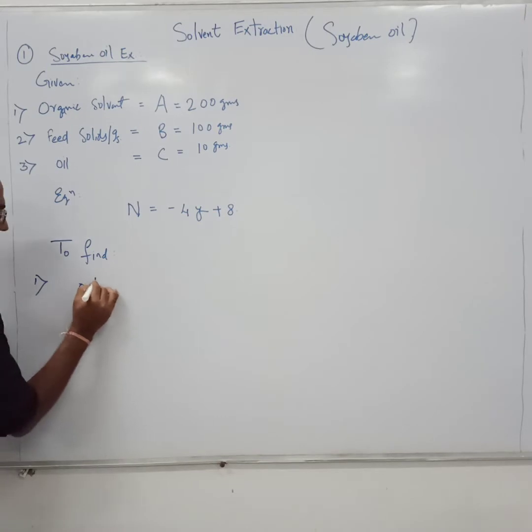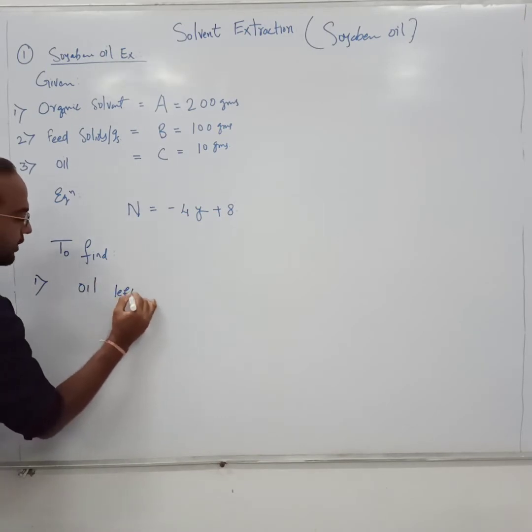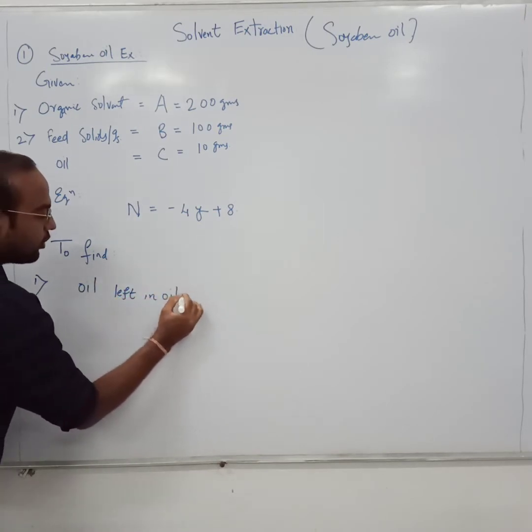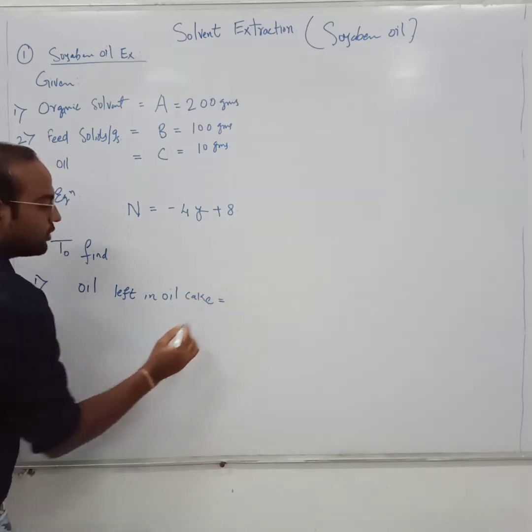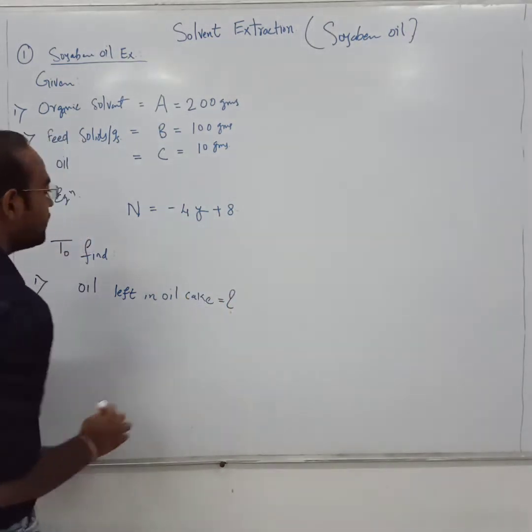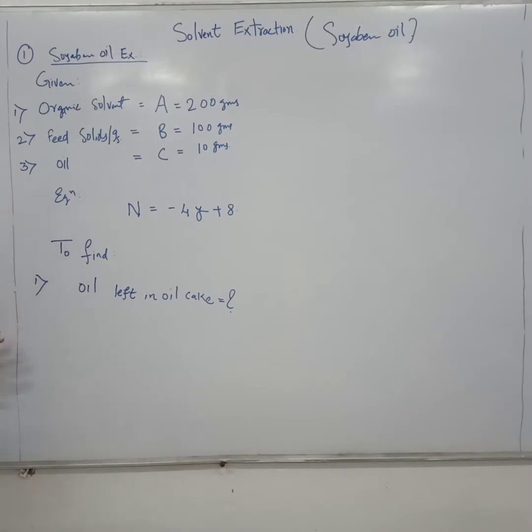I write it in short: oil left in oil cake. Just understand, this we need to find. These are the basic things useful to find all the values and to solve our numerical. Okay, let's move towards the solution of our numerical.